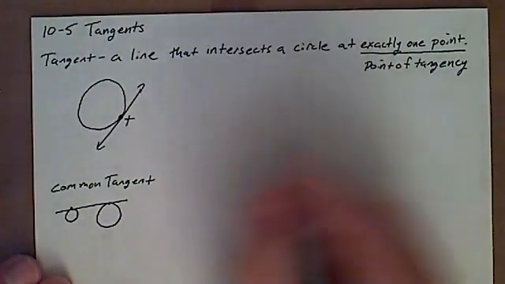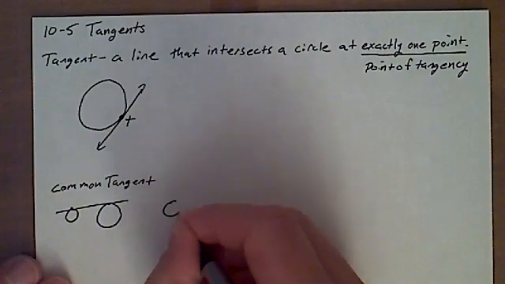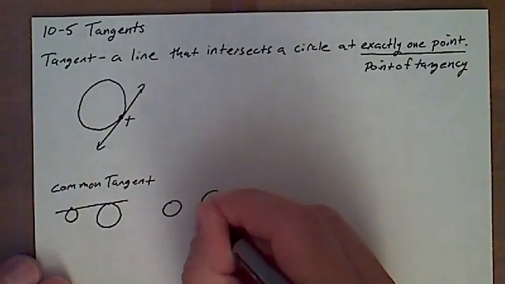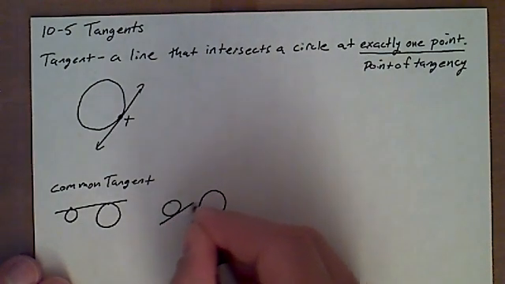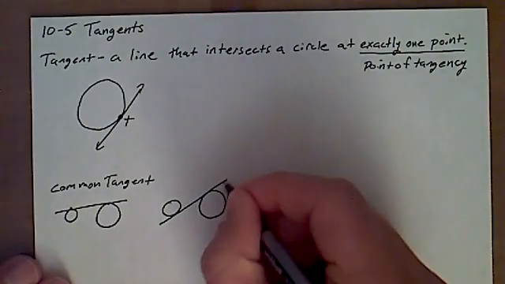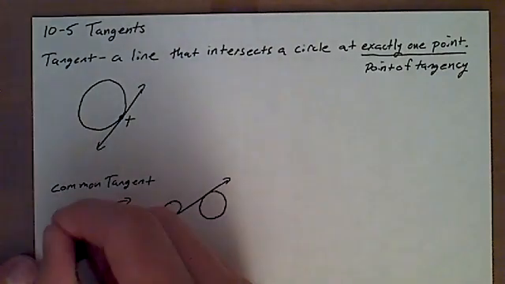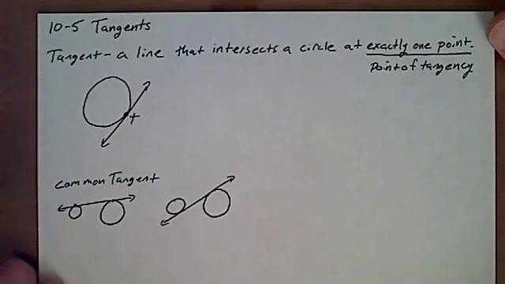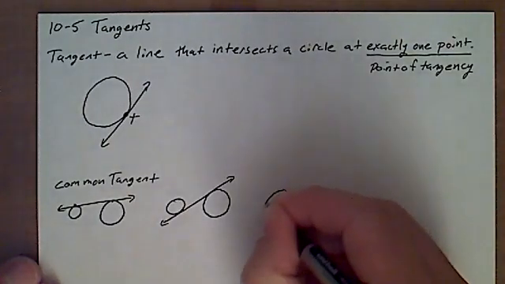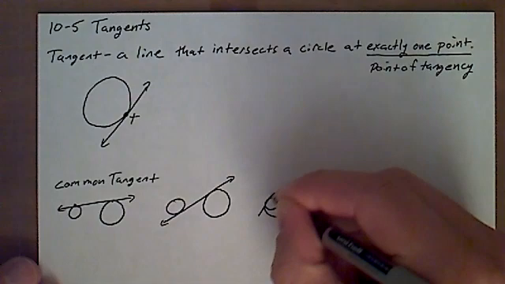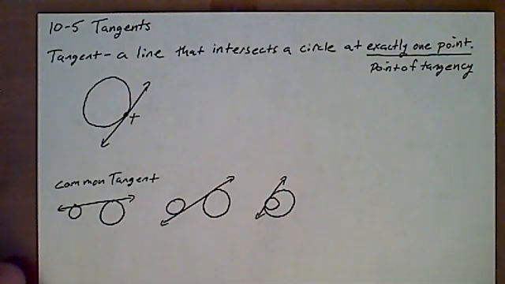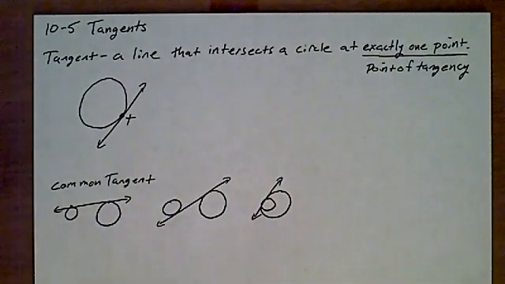It can look a few different ways as well. I'm drawing it smaller because it's not the most important thing. It might also look something like that, or even something like that. So those would be called common tangents.